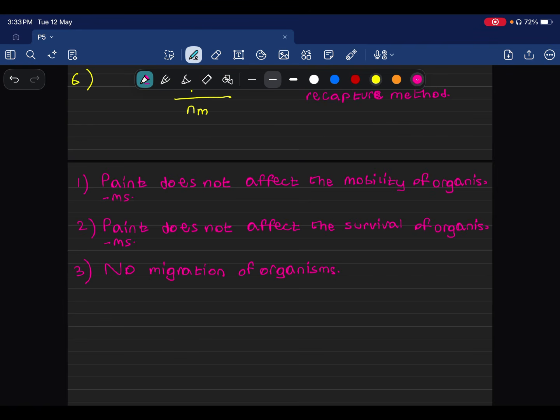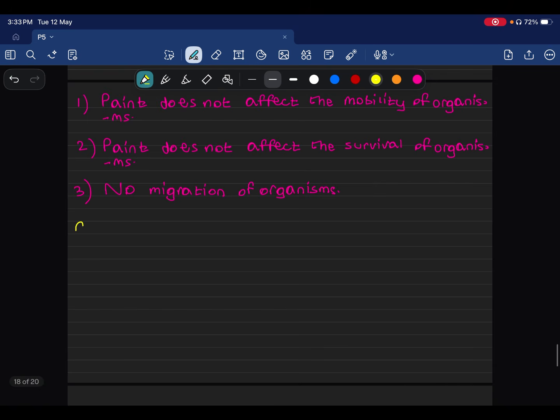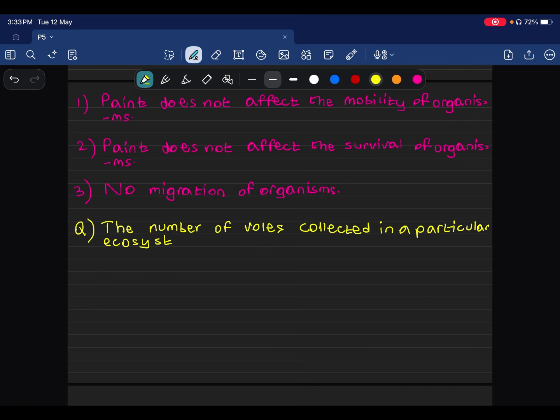Right, let me give you guys a sample question to work with, and then you can learn how to use the Lincoln's index. So I'm going to write the entire question. This is very simple. Just plug in the values in the formula. But yeah, so the number of voles collected in a particular ecosystem were 247.